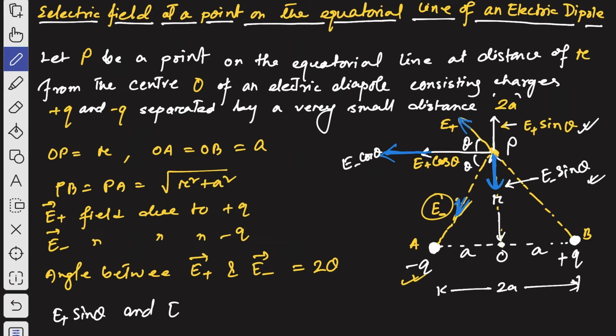So we can say E positive sine theta and E negative sine theta will cancel out each other.